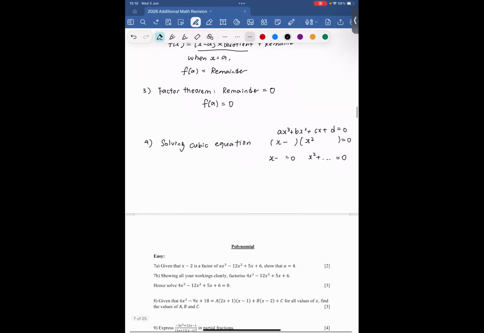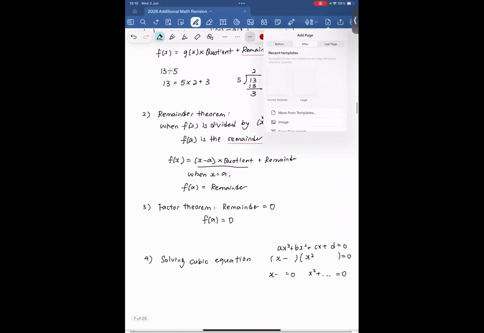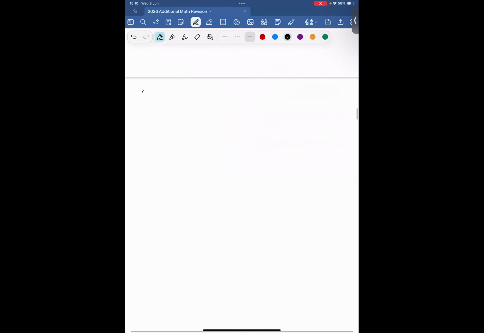Of course, last but not least, in this chapter, you also have your partial fraction. Okay, so partial fractions, first thing first, make sure it is proper fraction. What's a proper fraction? The power of numerator must be lesser than power of denominator.